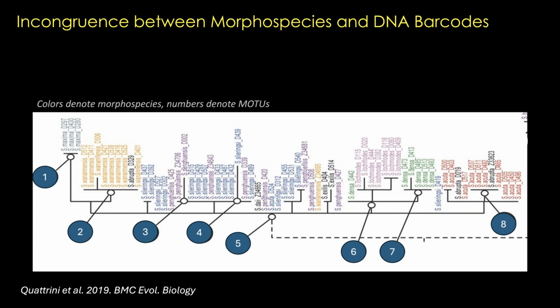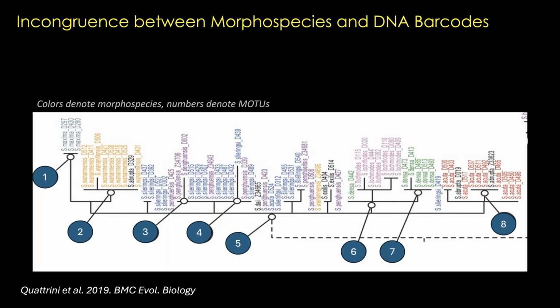But as you can see, there are really no strongly supported clades across this tree. So all the different colors denote different morphospecies, so species that were characterized or identified by their morphology. That's in the different colors across the tips of the tree.